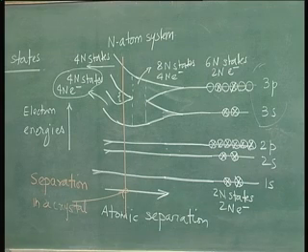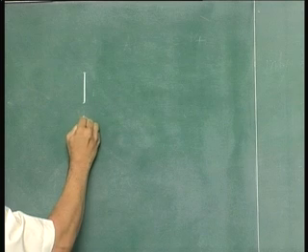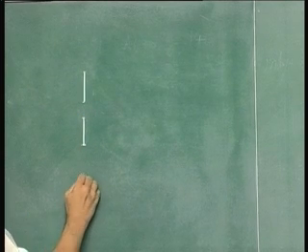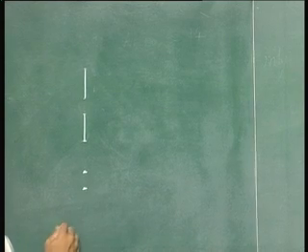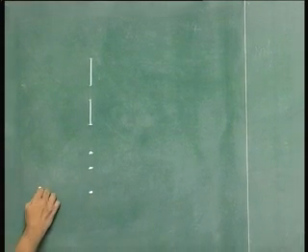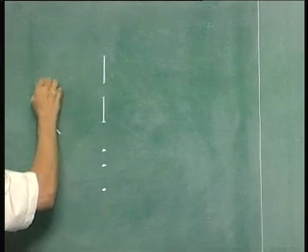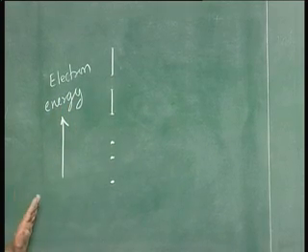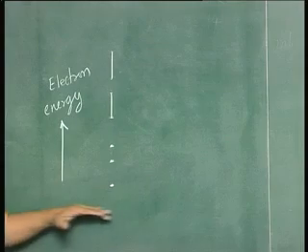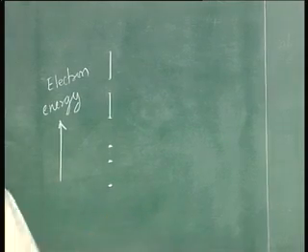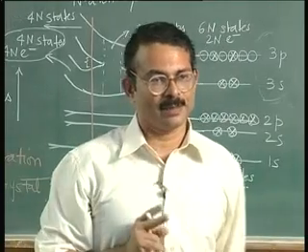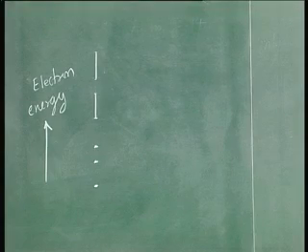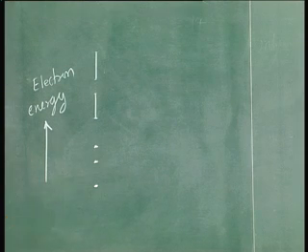It would look something like this. On this axis you have electron energy, and you do not have to show anything on this axis, because we are concerned only with the band picture at the particular atomic separation.